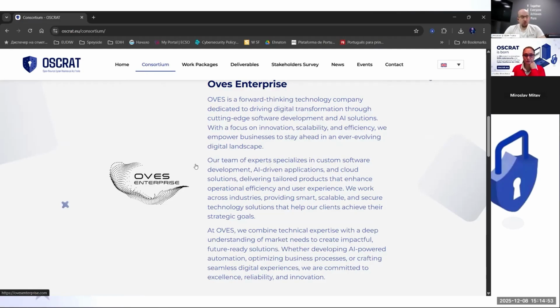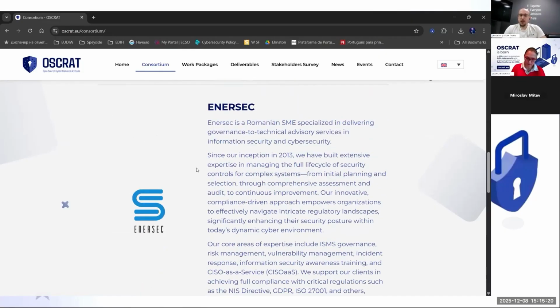Right now, we're trying to populate a few missing points or thoughts, however you like to call them, which are related to developing the community that will be maintaining this platform, the tools in the long run. So for this to happen, we firstly need to rely on internal software expertise, and we rely on OVS Enterprise and NRSEC.